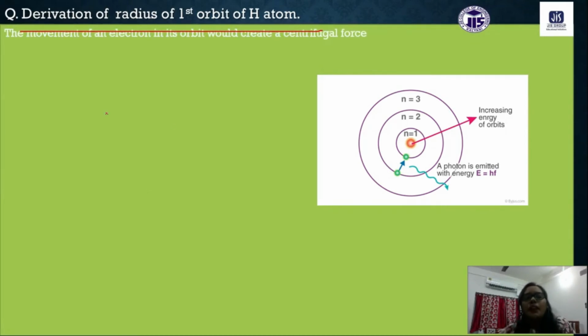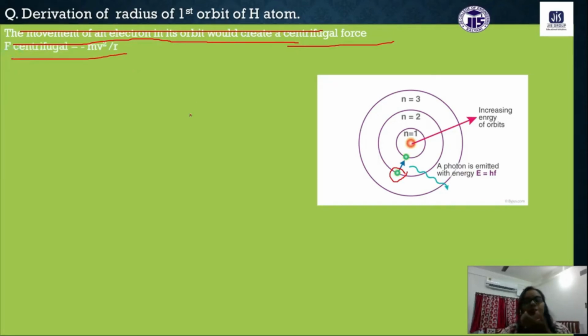While the electrons are revolving around the nucleus, what will happen? The electrons have two types of force. One is centrifugal force and second one is centripetal force. The movement of the electron in its orbit would create a centrifugal force. We can write down the expression of this centrifugal force as equals to minus mv square by r.